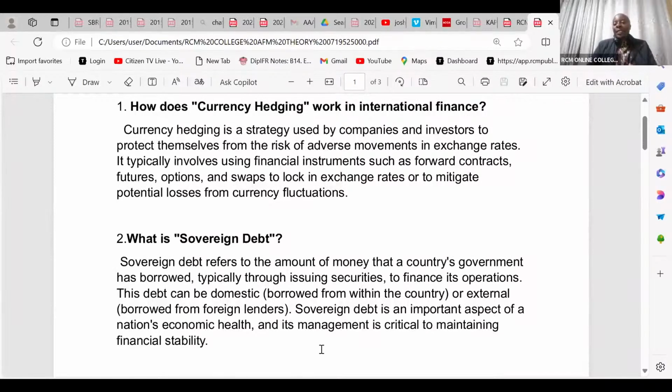This debt can be domestic, borrowed from within the country, the one that we borrow by using our bonds. We float bonds in the market here, treasury bills in the market here. Or external, borrowed from foreign lenders. Sovereign debt is an important aspect of a nation's economic health, and its management is critical to maintaining financial stability.